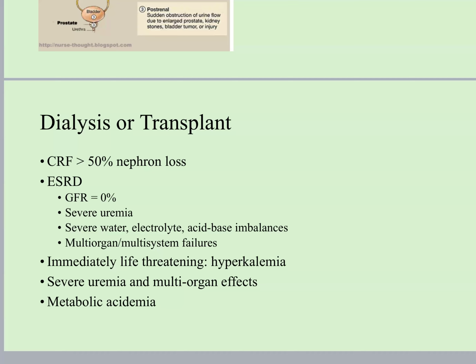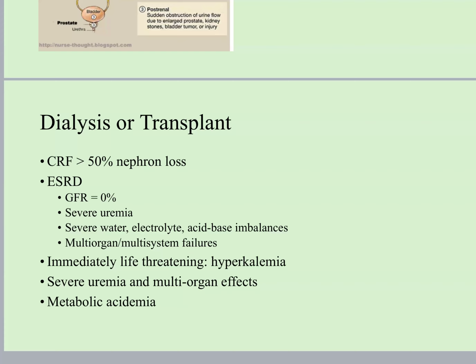We also have to be really careful about the medications we give them, because they're not going to get rid of medications the same way that somebody with healthy kidneys would. It's very easy for drugs to build up. They will generally need something called renal dosing, which means they might need lower doses of medication, depending on the composition of the medication.